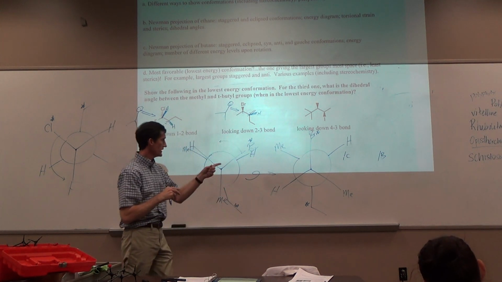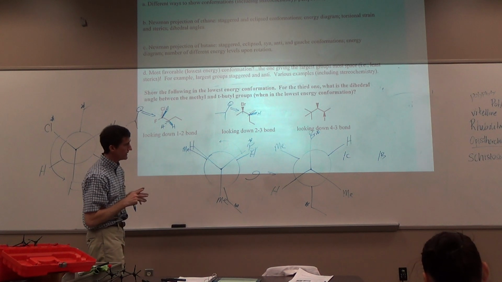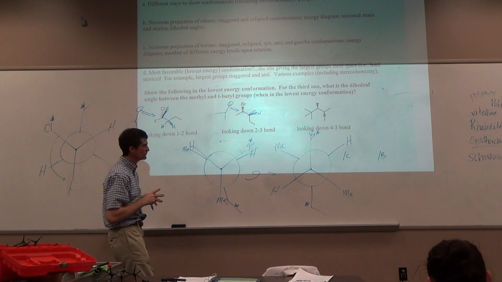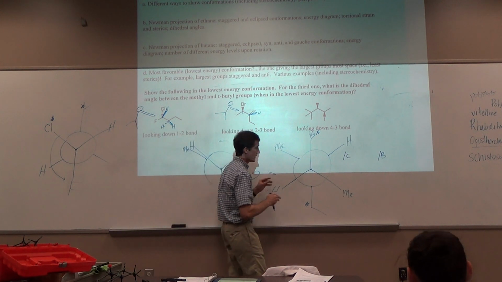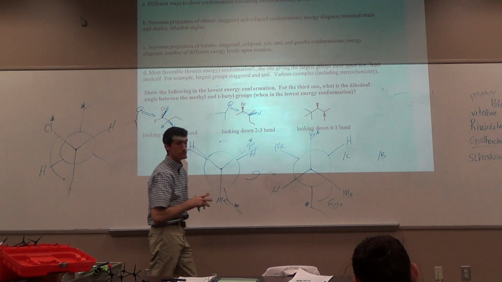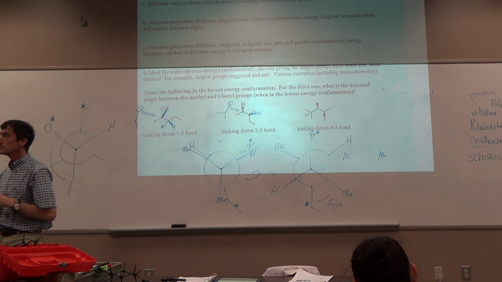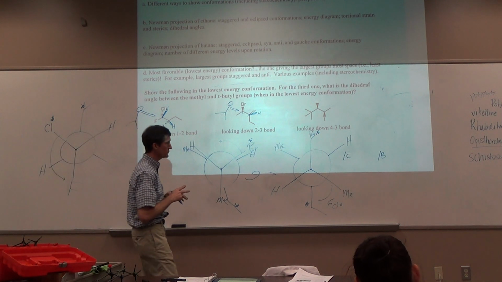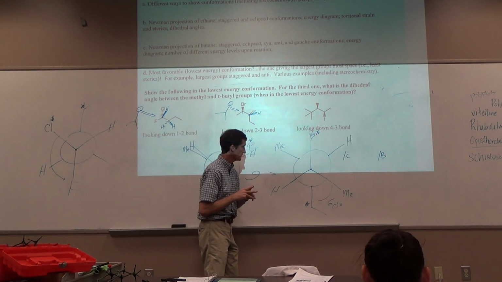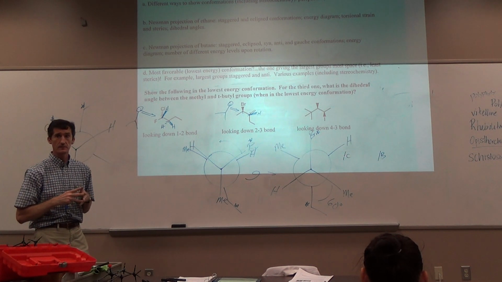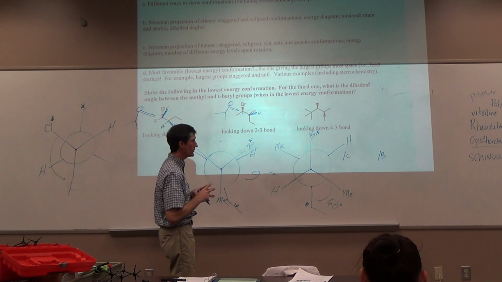What's that dihedral angle between the methyl and ethyl? 60 degrees, right? 60-degree dihedral angle between the methyl and the ethyl. Okay. What's the dihedral angle between the bromine and the ethyl? 180. They're anti. They're opposite. So you need to know dihedral angles.